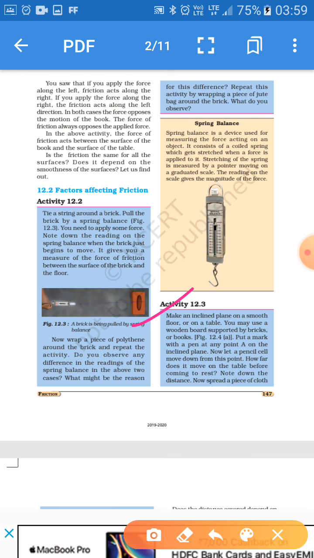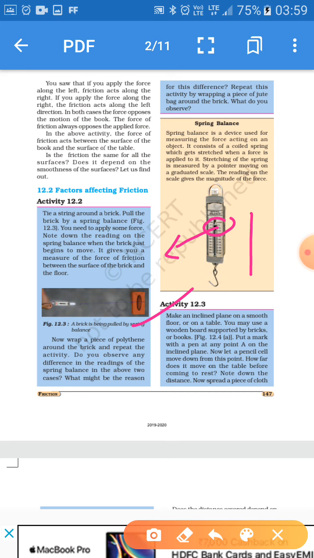You have to tie a string around a brick and pull the brick by using a spring balance. A spring balance is a device used for measuring the force acting on the object, and you can take the reading from here. This pointer will start moving as per the weight or the smoothness of that surface on which you have kept your object.